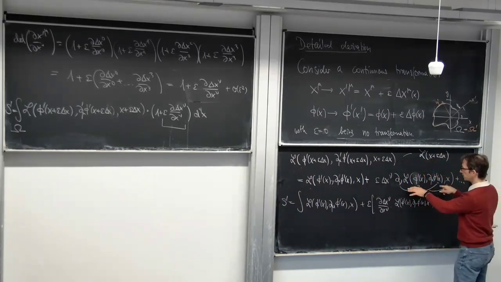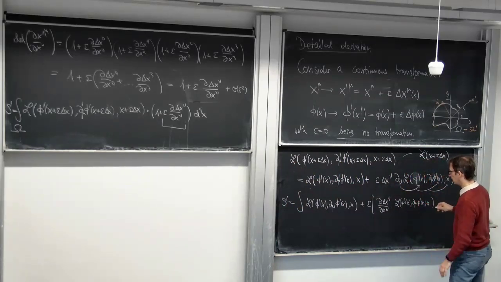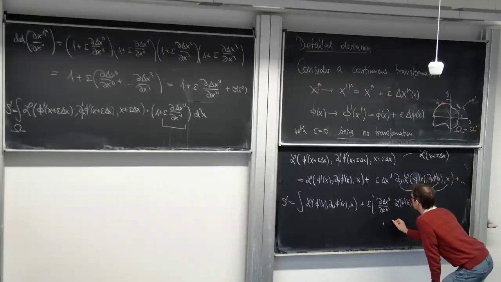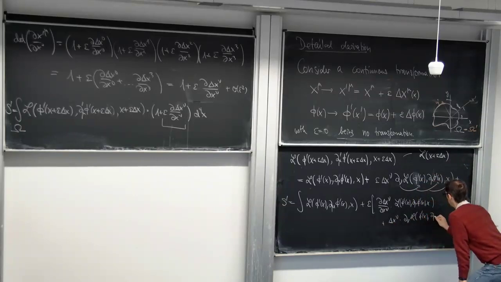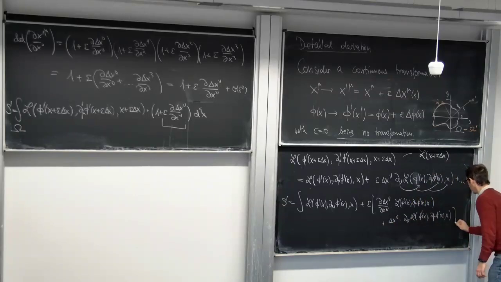And from here, the linear term, and then there, the one will be plus delta x mu times d mu L phi prime x d mu phi prime x x, plus higher order terms. And then the whole thing, that's my integration, right?